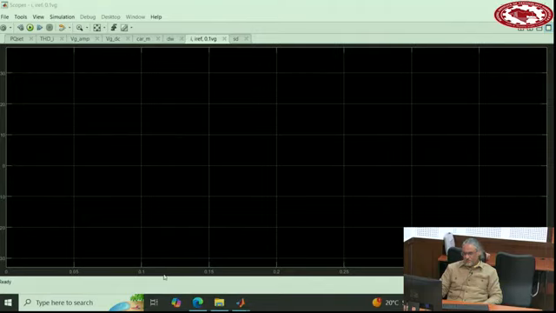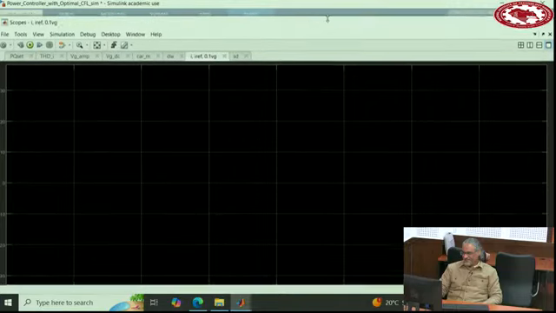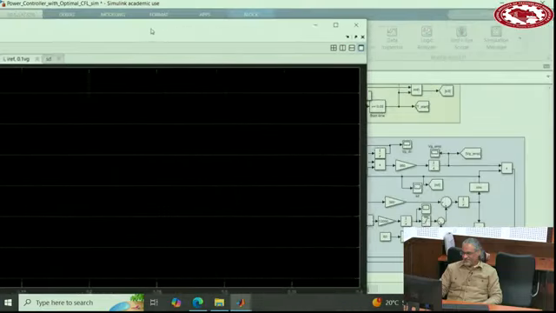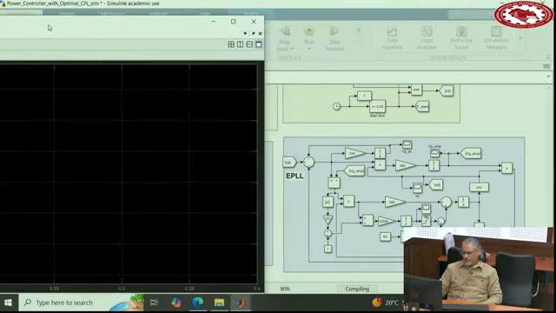Yeah, sometimes it takes a long time to start. It's compiling.